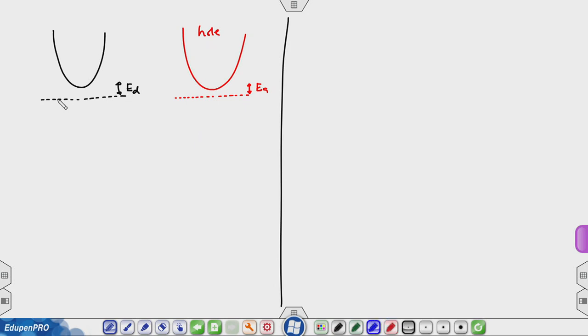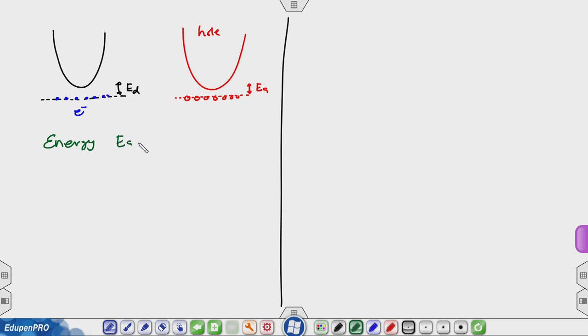This one is populated by electrons, this one is populated by holes. It requires energy E d to move up into the conduction band. It requires energy E a for the holes to move up to the hole band or create that hole in the valence band.